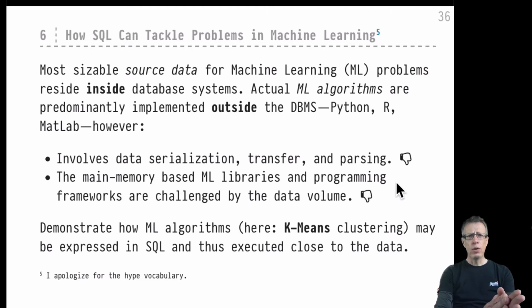But these machine learning libraries, or ML libraries as I call them here, are often implemented as main memory-based systems or main memory-based algorithms. Large data sets that we try to analyze may easily overwhelm these main memory-based frameworks and challenge the limits of the data volume that these frameworks can process. And that's a homemade problem because the data was residing in the database in the first place.